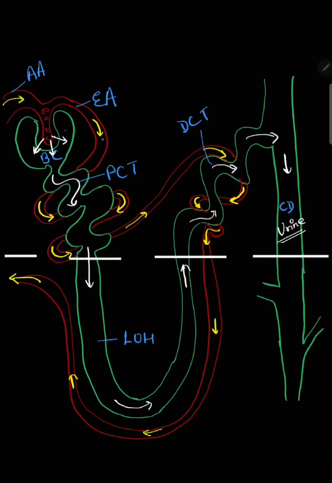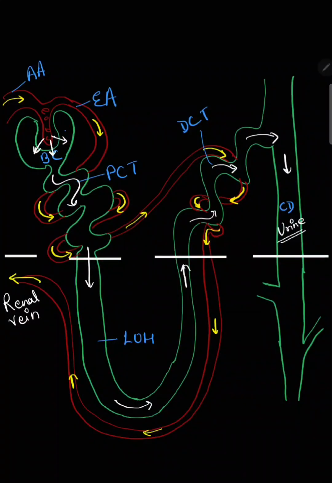See, the efferent arteriole portion is coming, it will loop over the PCT, then go over to the DCT. It will not come first to the loop of Henle, it will go over to the DCT, and from the DCT it will come on to the loop of Henle, and from here it will converge into the renal vein.